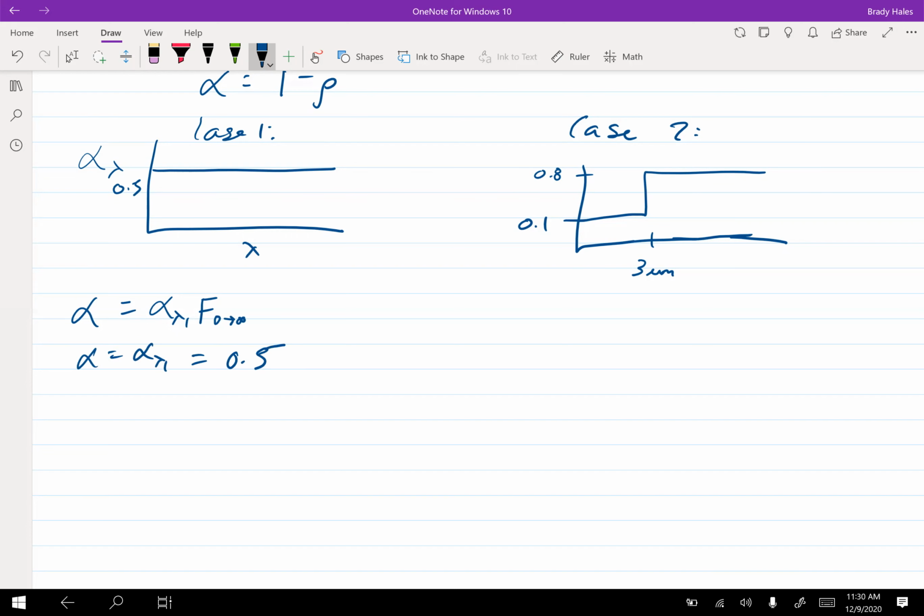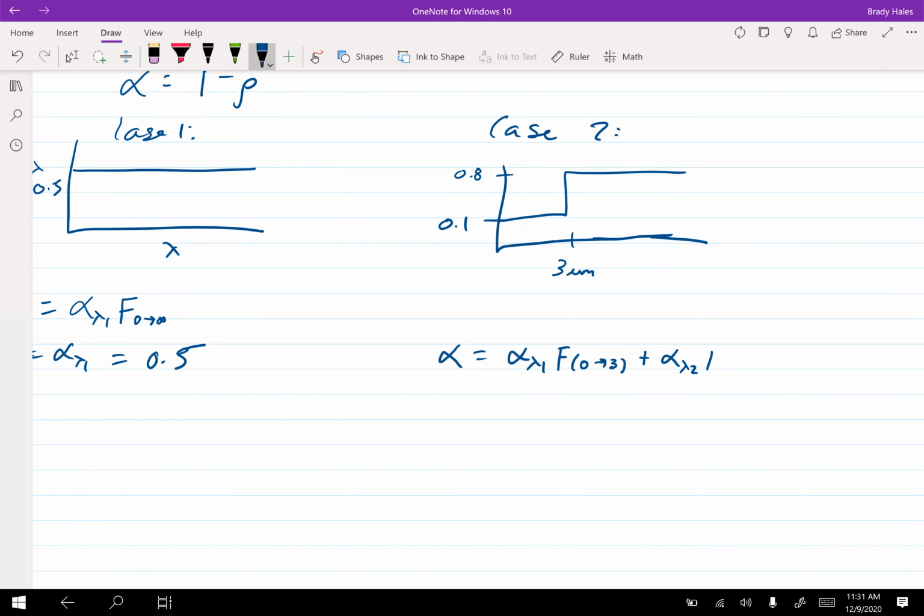Now, for the second part, alpha is equal to alpha lambda 1 multiplied by the fraction of power absorbed from 0 to 3, and then we also add the fraction of power absorbed from 3 to infinity, times alpha lambda 2. So we have values for alpha lambda 1 and alpha lambda 2. Let's say this one is 0.1.